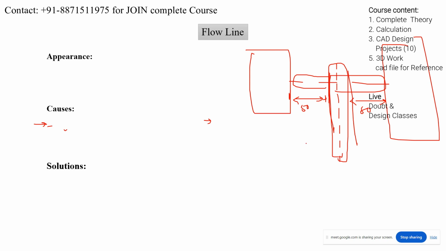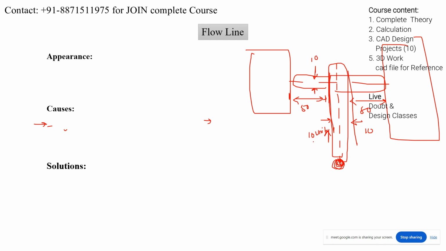For example, from this main runner you are flowing the material, about 10 units. The diameter of this runner and the sub runner will be the same, for example 10 mm diameter for the main runner and 10 mm diameter for the sub runner.